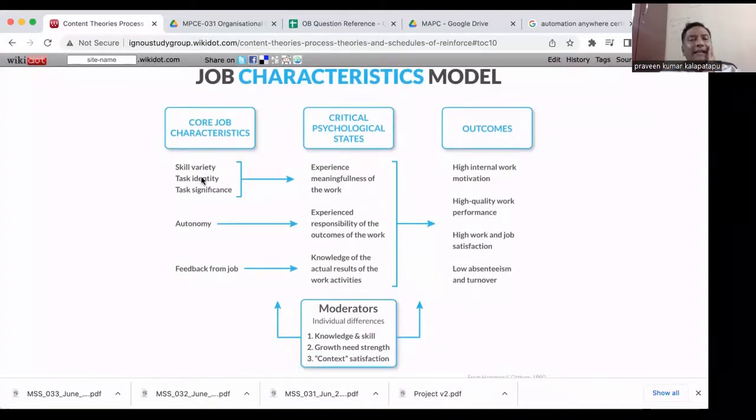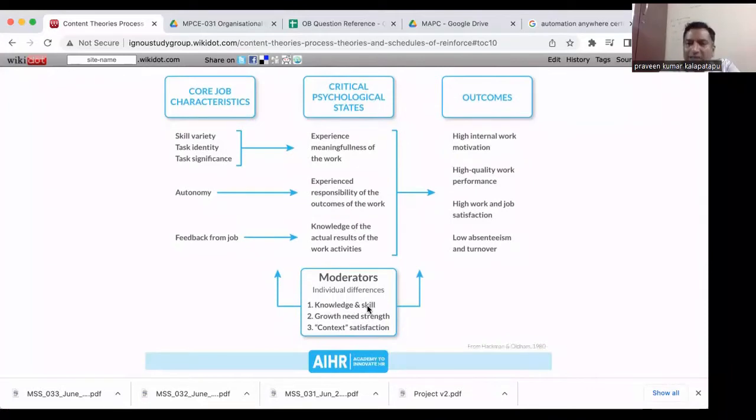So basically this is moving from the characteristics to psychological states, and then finally resulting in the outcome. This is moderated by knowledge, skill, growth needs strength, context satisfaction.